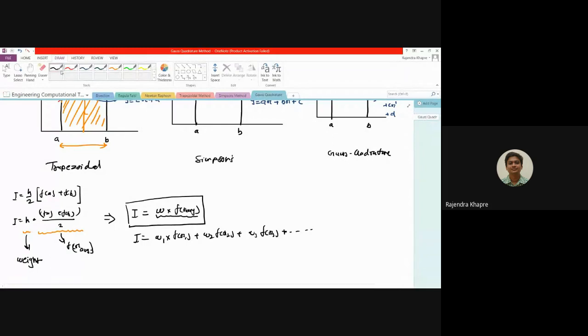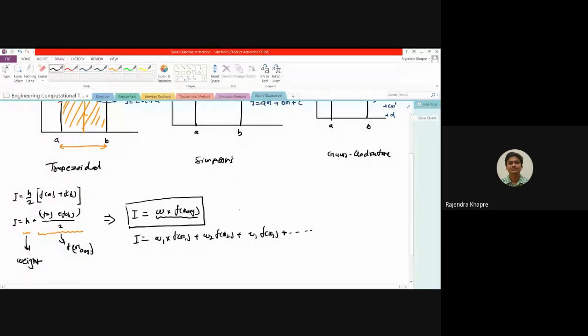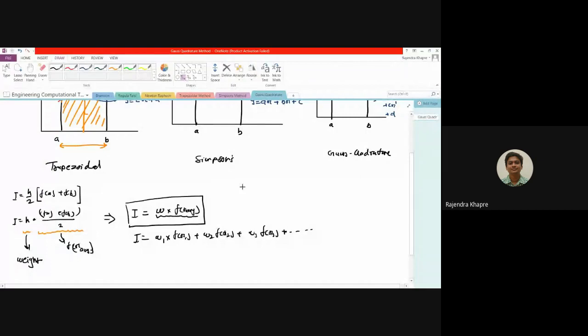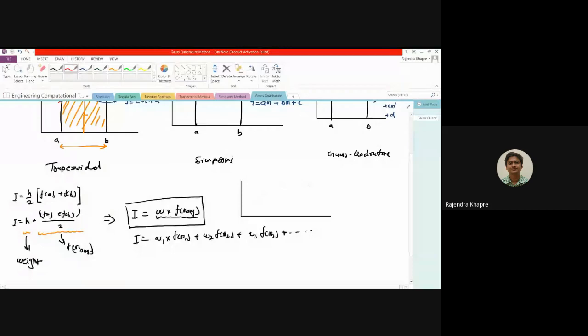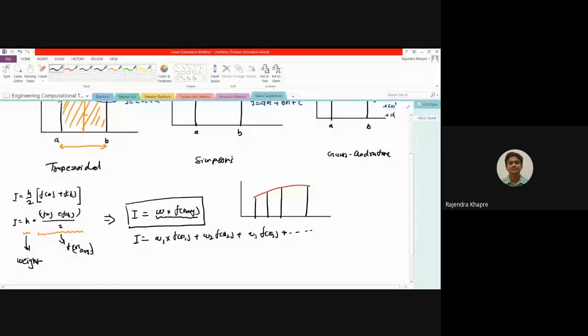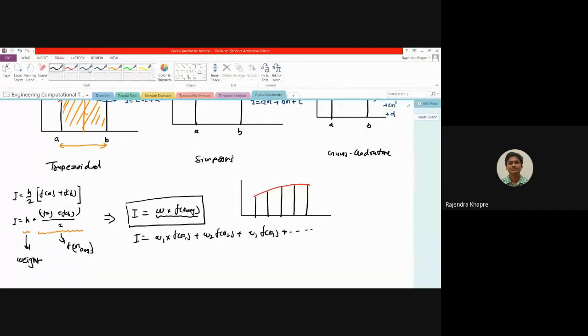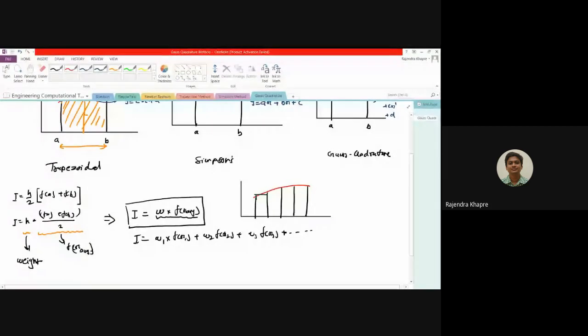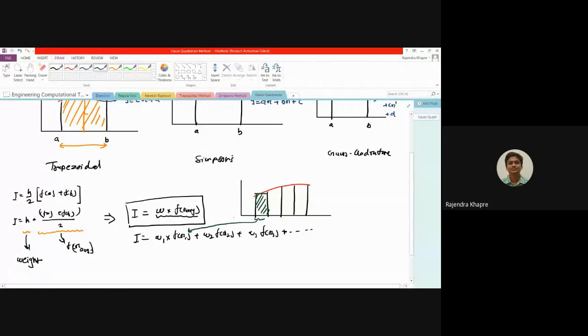Just for example, if I draw a simple figure which is like this, if I draw a curve like this, and if I take the intermediate intervals, so one is over here and one is over here, and if I take one more interval over here and one more over here and one more over here. So now in this particular case what exactly I am doing is I am going to take this much portion, and this much portion is represented by this expression, that is w1 into f of x1.